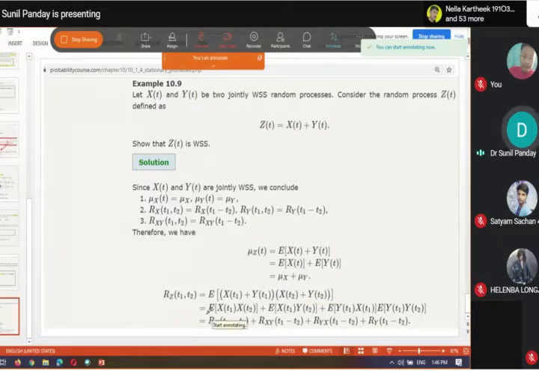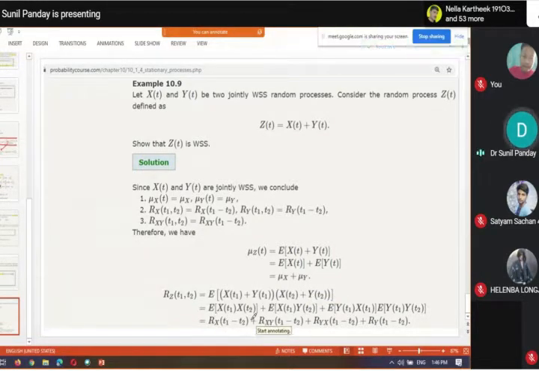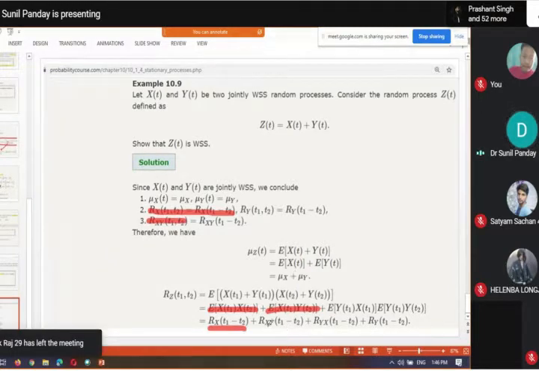Now again we use the definition of autocorrelation function for x. So Rx(t1, t2) is actually Rx(t1 minus t2). Similarly, Rxy(t1, t2) is actually Rxy(t1 minus t2).